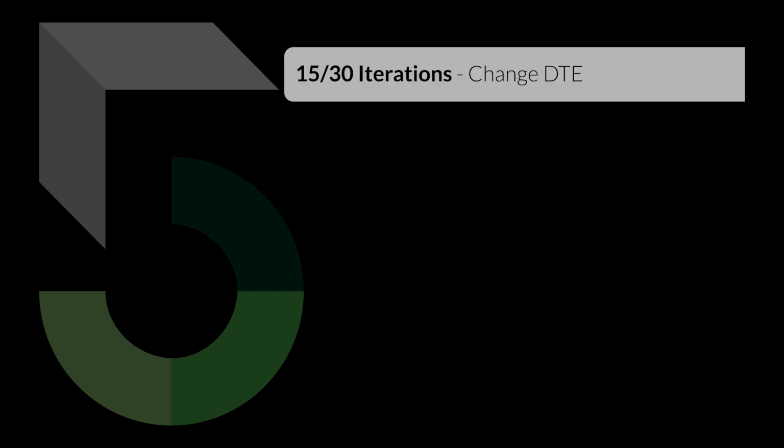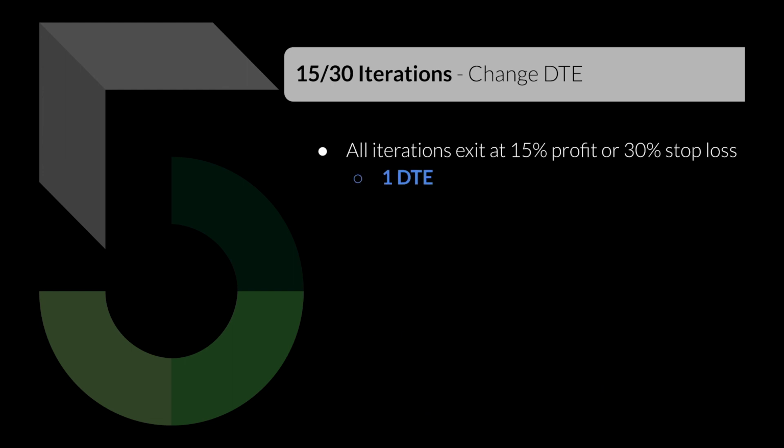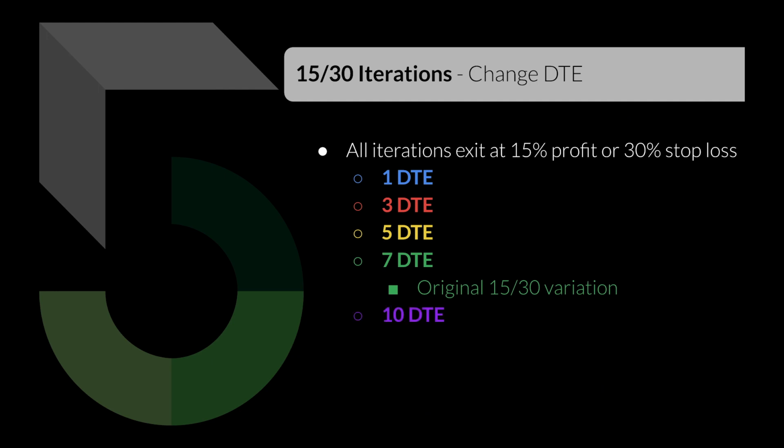With the 1530 iterations, the variable that I'm changing is the DTE, or the days till expiration. All of these bots are going to be either exiting at 15% profit or 30% loss. So that's the 1530 in the name. The first one was a 1 DTE, a 3 DTE, a 5 DTE, the 7 DTE, which was the original 1530 variation, and then also a 10 DTE.